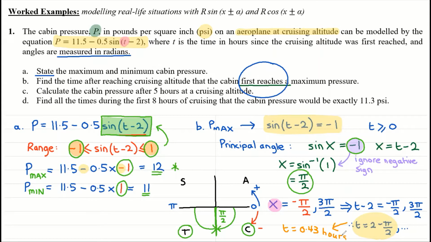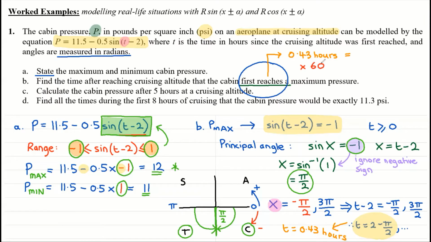So there we go. Now then, what you might be asked to do as well is to give the time in minutes, perhaps, as a more sensible answer. I mean, we could do that up here if you want. So if we have 0.43 hours, just multiply by 60, and you'll get the answer in minutes.